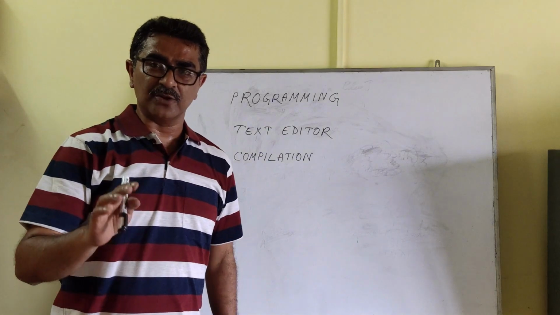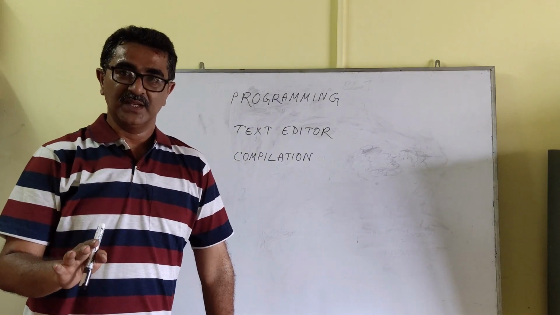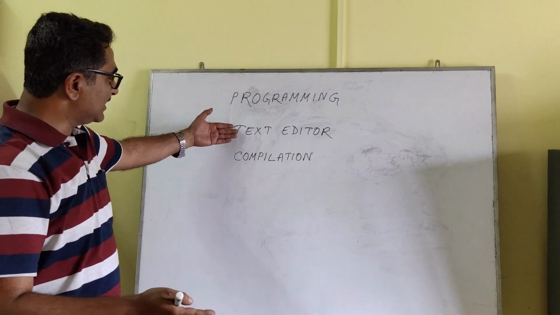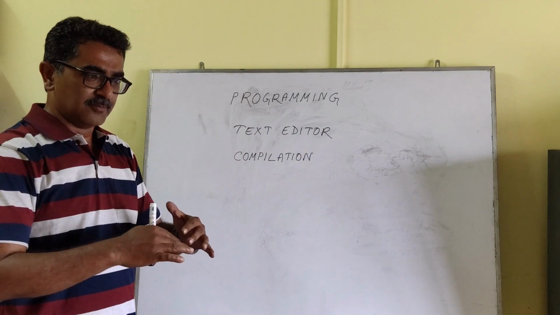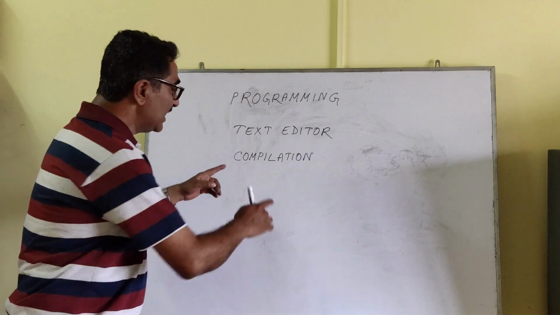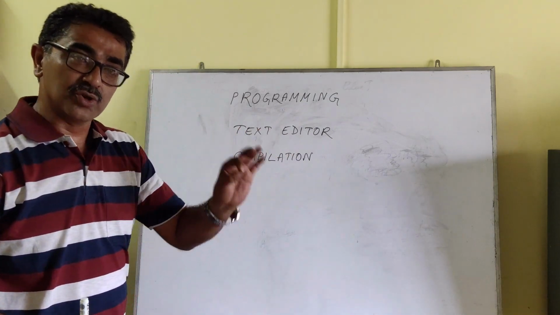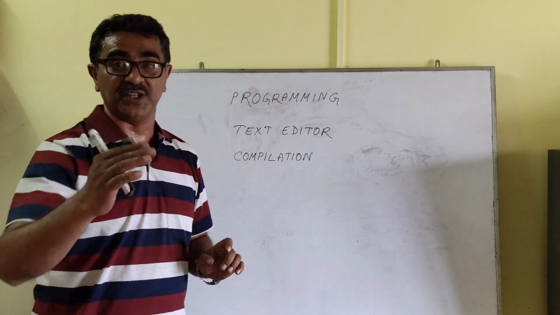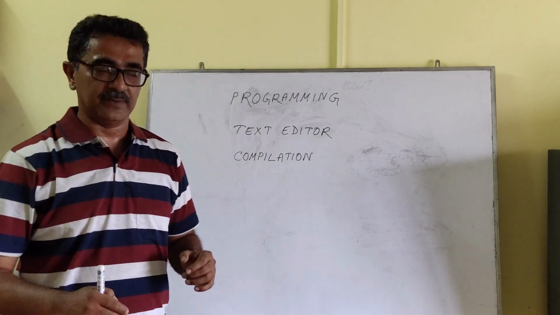This is done by a software package called a compiler, which takes whatever you have typed inside the text editor and compiles it to a language which is understood by the machine. In this case, the machine is the computer.